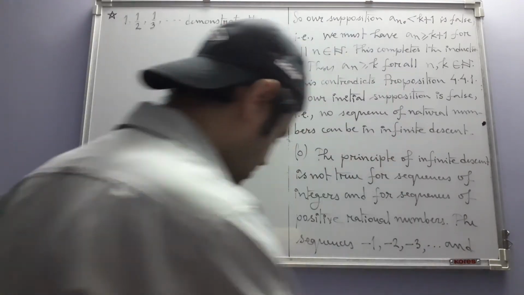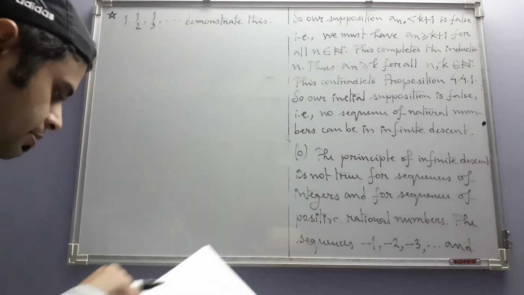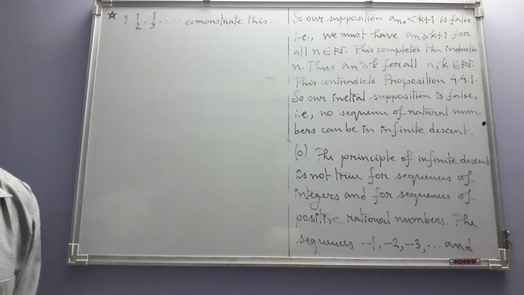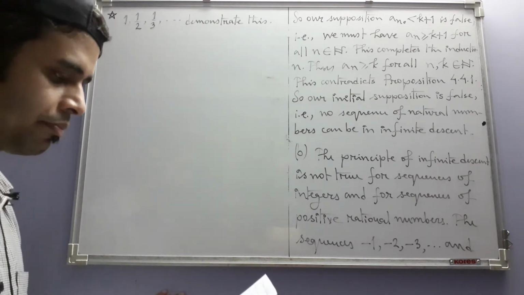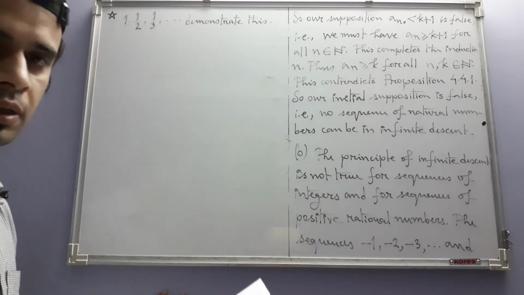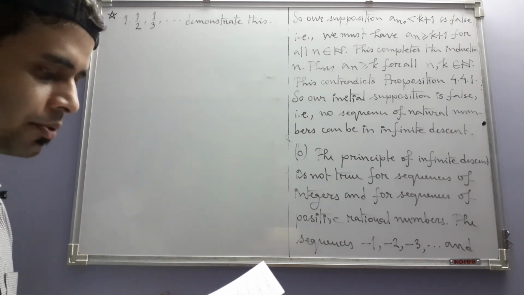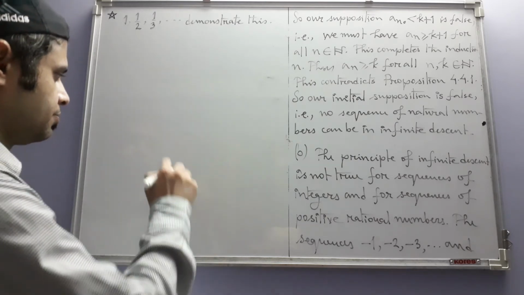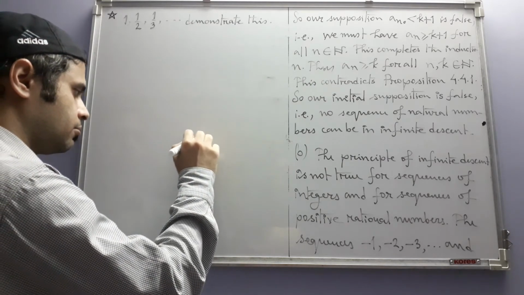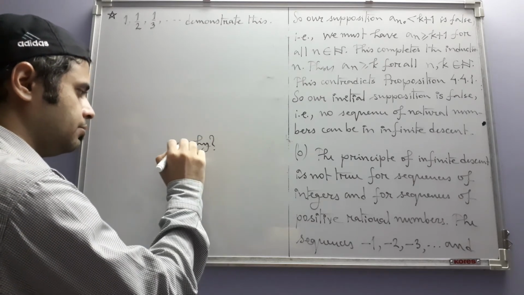And finally, there is this third exercise where we answered. You recall there were some gaps in the proof of proposition 444 where we used this y.